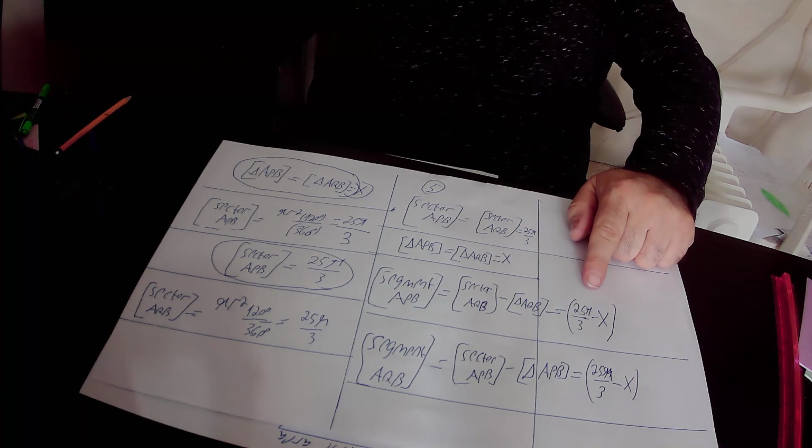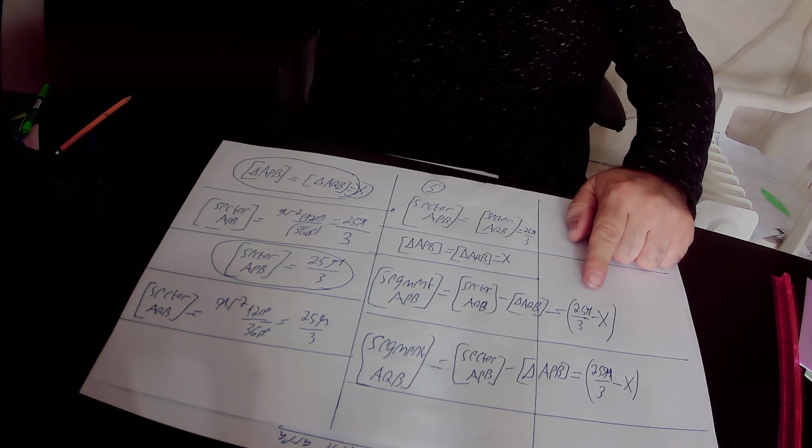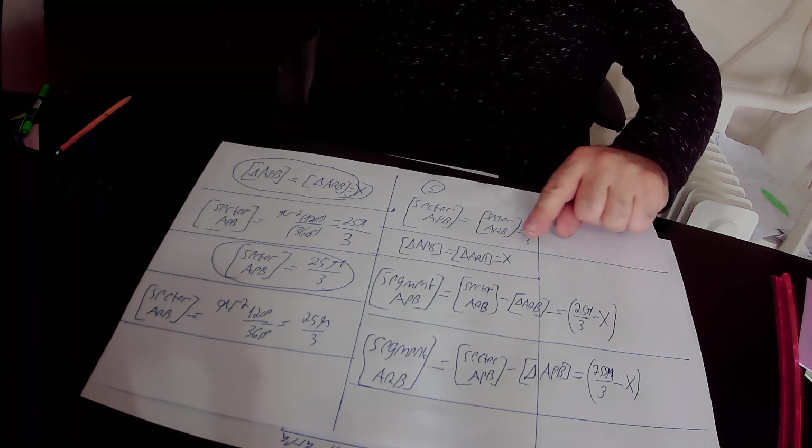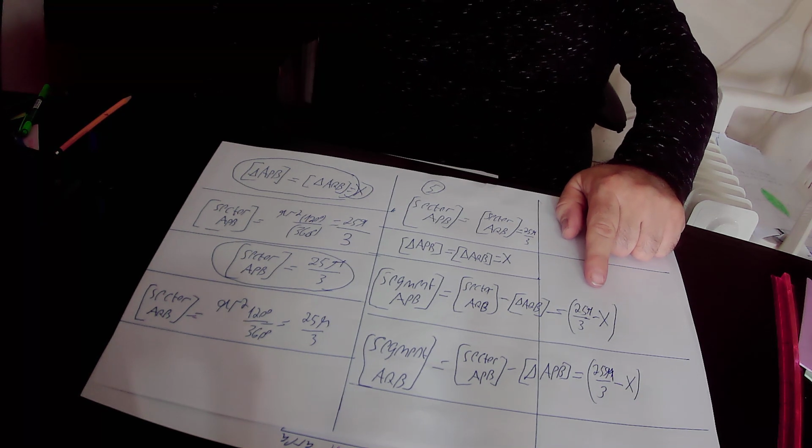We have already found that the area of sector AQB equals 25 pi over 3, and the area of triangle AQB equals X according to our definition. So in conclusion, the area of segment APB equals 25 pi over 3 minus X square units.